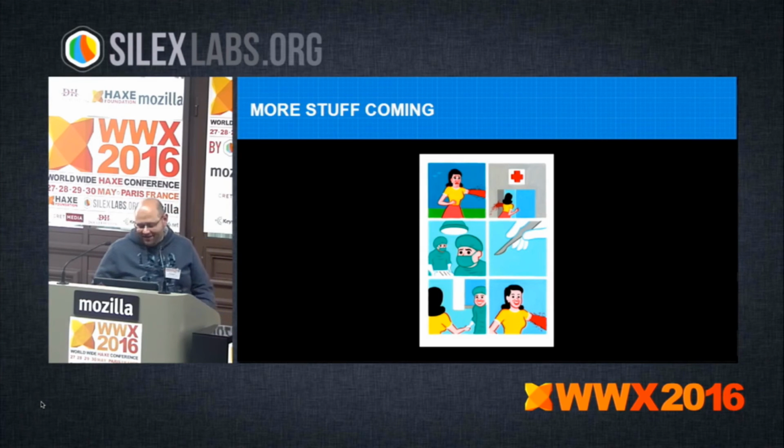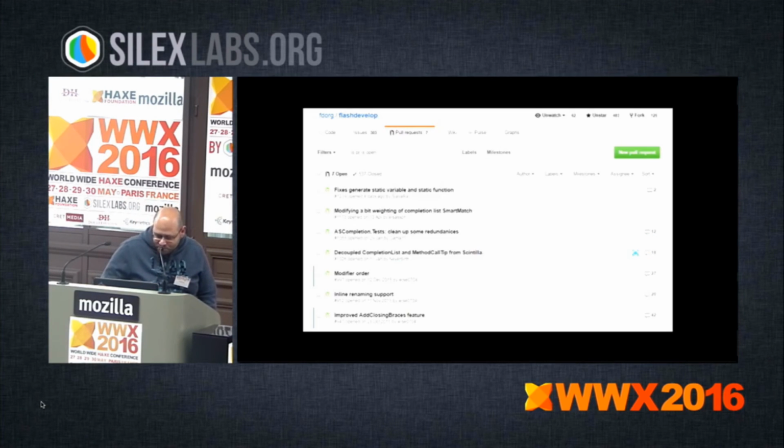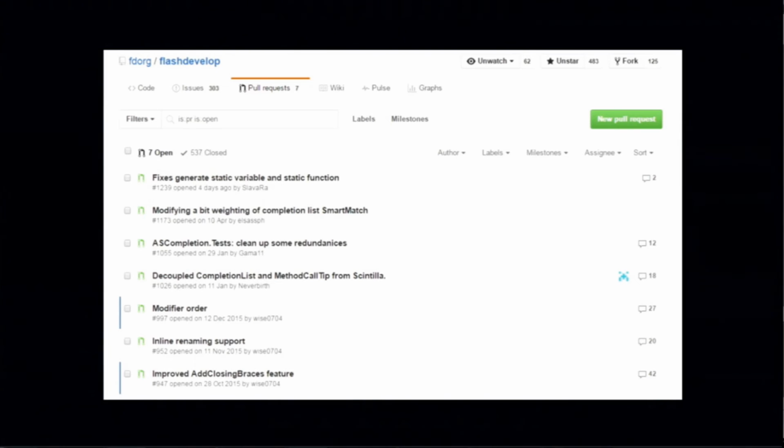Anyway, you can ask whatever you want about it. There is more work coming. There are, as always, contributors. There are people doing some nice stuff, some interesting things, like improvements to the refactoring, contributing unit tests, some new features.